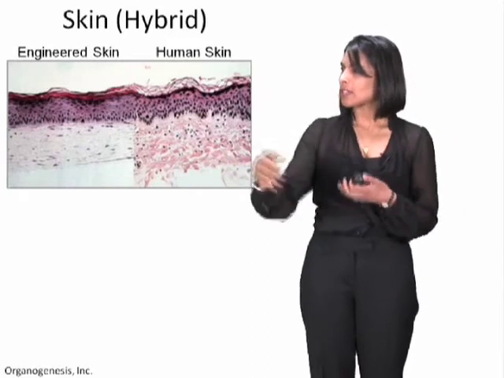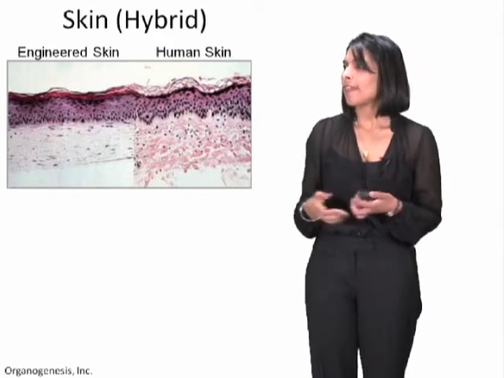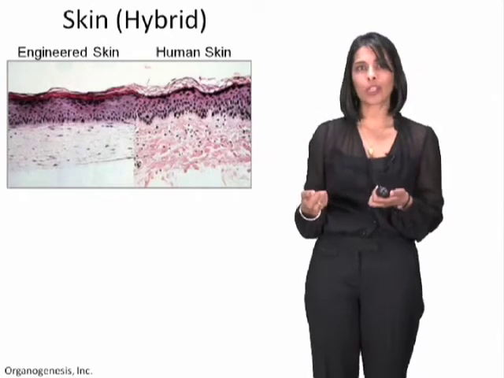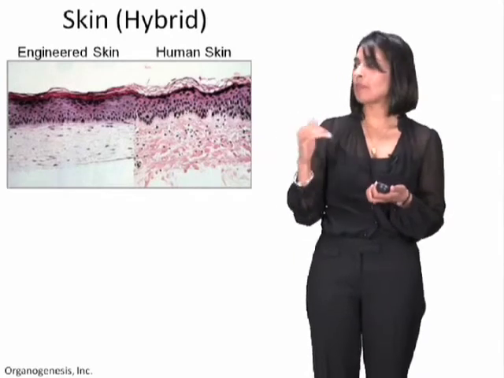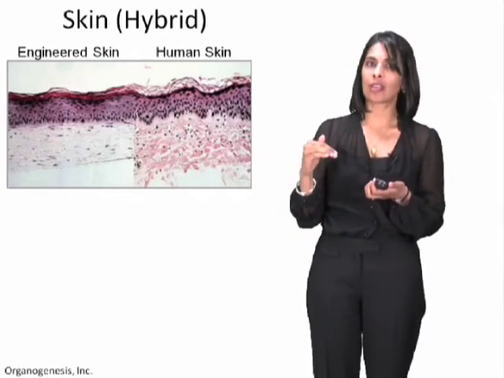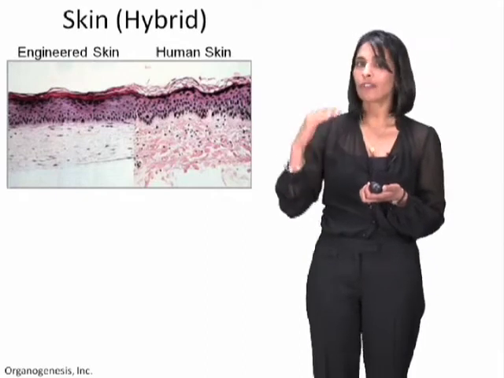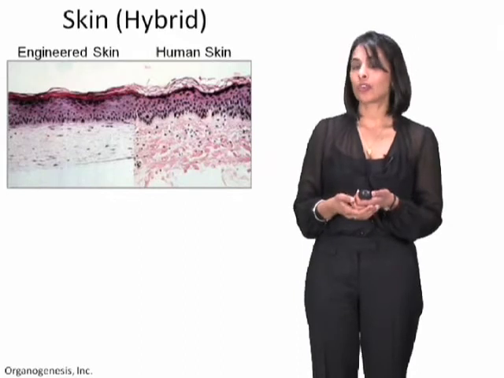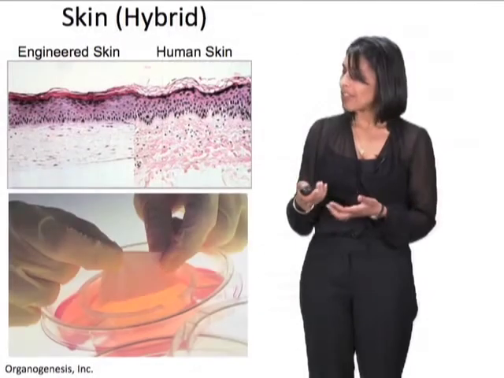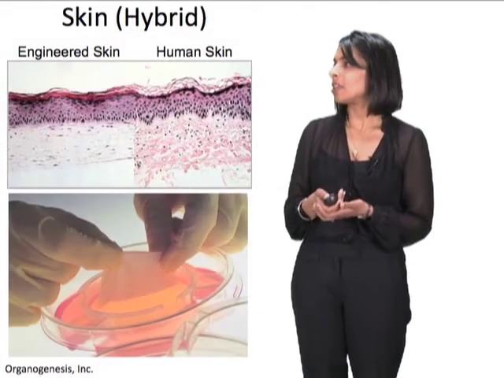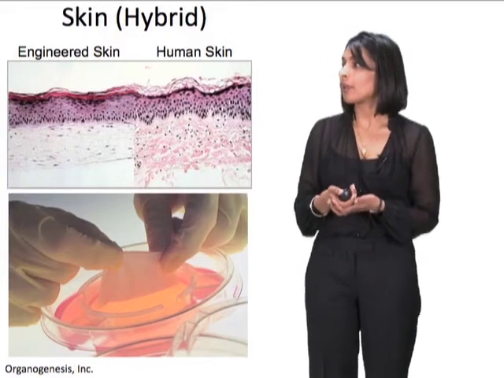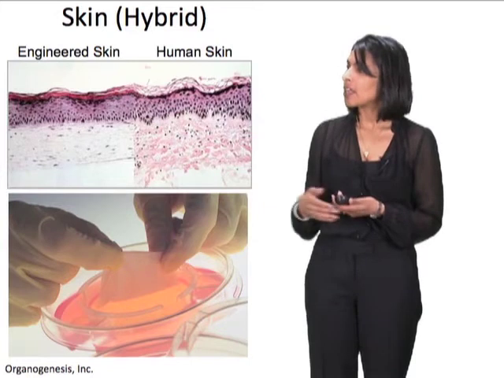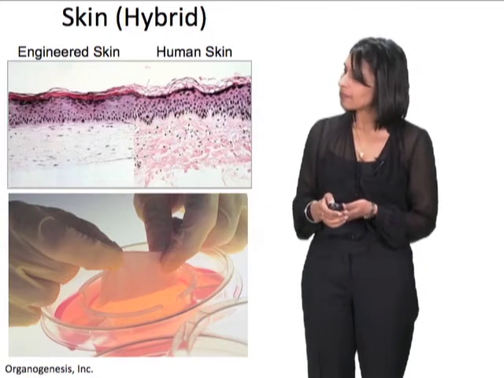These dermal fibroblasts remodel the collagen, and they form a very tight meshwork. On top of that meshwork, one can see those epithelial cells, the epidermal cells, and they will stratify and form a multi-layer structure on top of that dermal layer. And this engineered skin can be implanted in the setting of burn or other injured skin and promote wound healing to a great benefit.